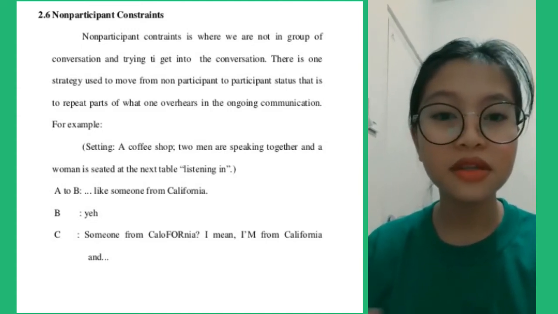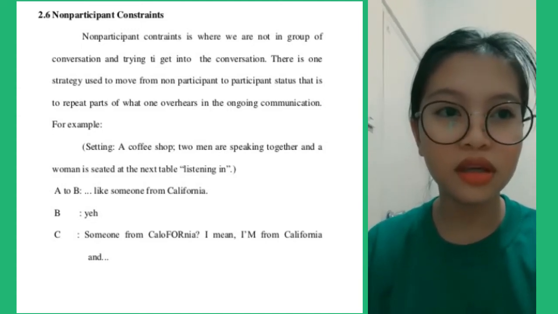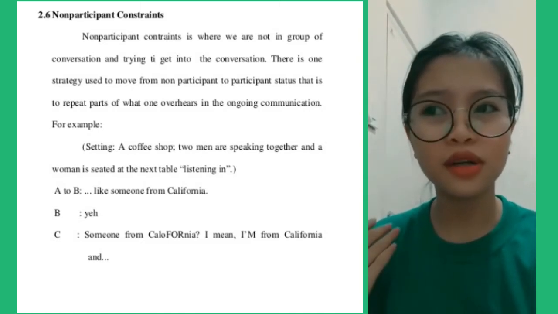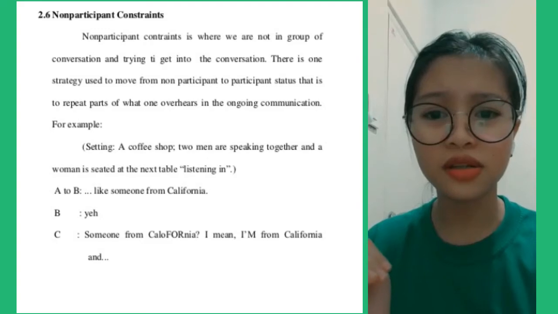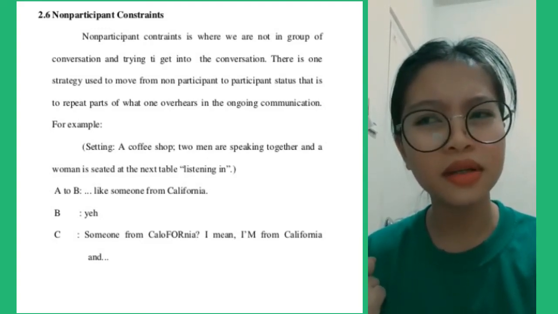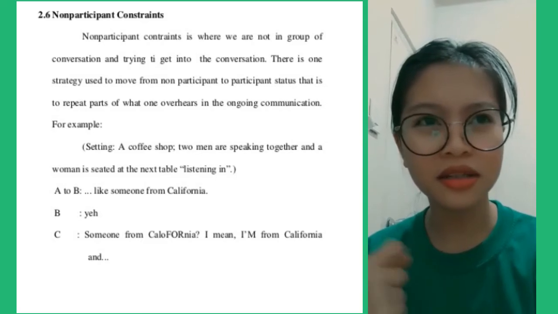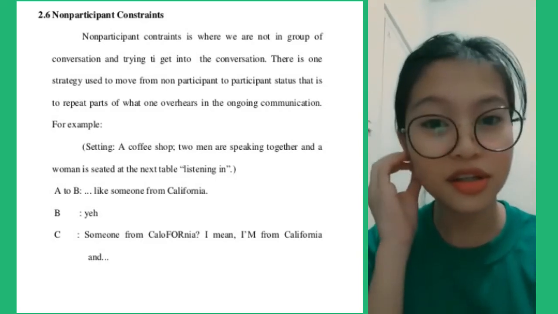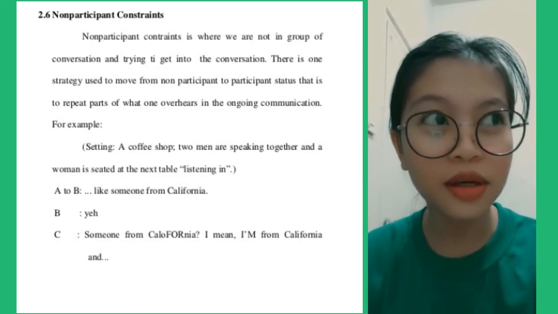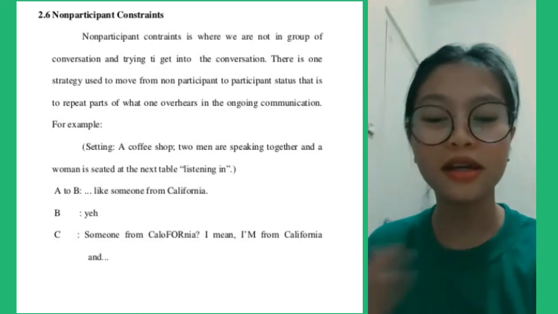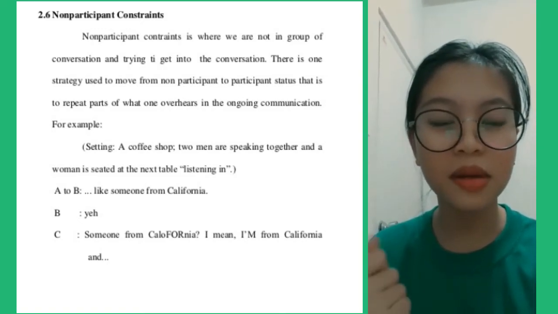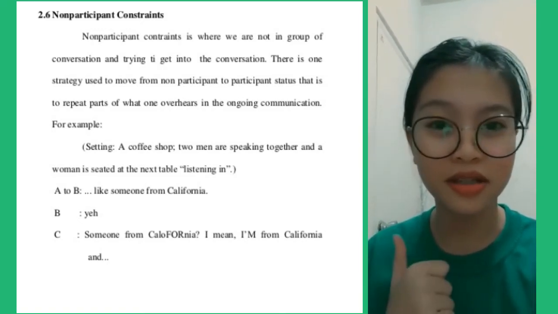Since you knew that the name of the samgyup is Romantic Baboy, you would get into that conversation. They were asking, what was the name of the samgyup we ate at again, and then you will enter by saying, the one at SM? The name is Romantic Baboy. That is also a strategy to enter a conversation you are not part of.